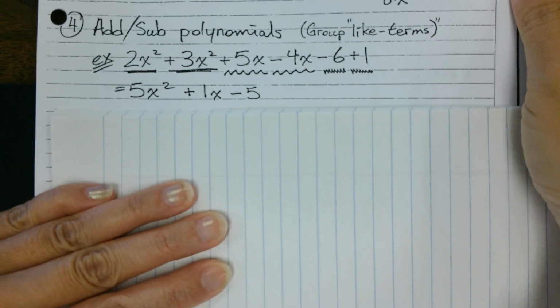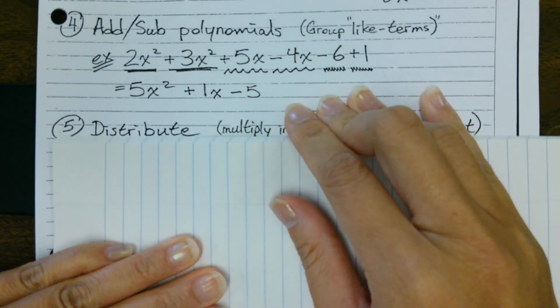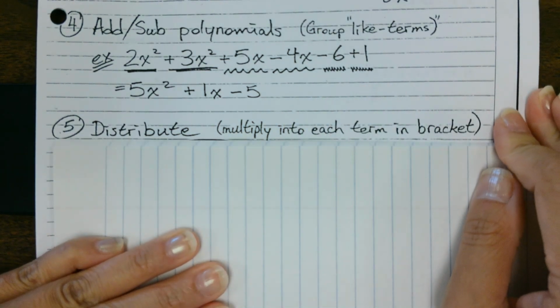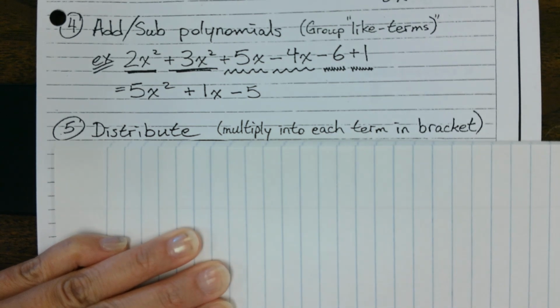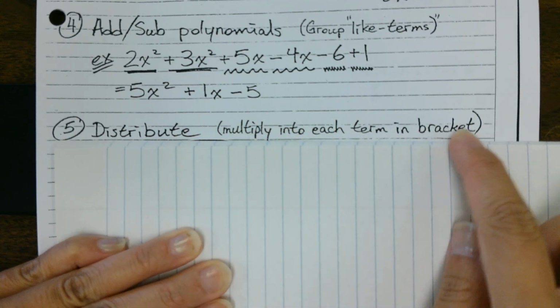Okay, other than adding and subtracting, we did multiplying. Okay, so that multiplying, there's a proper name for it. It's called distributive property. So distributive property means multiply into each term in the bracket.